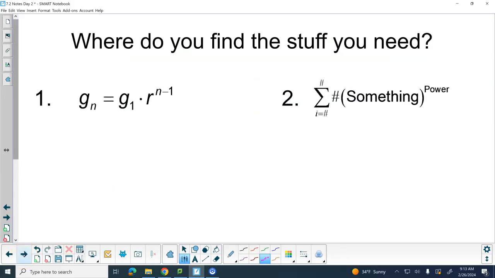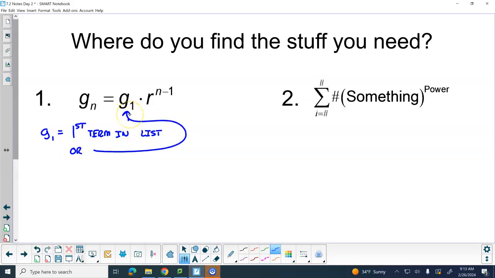Okay? Well, if I'm given a list, most of the time it's going to be the first term in the list, or we could find it right there.